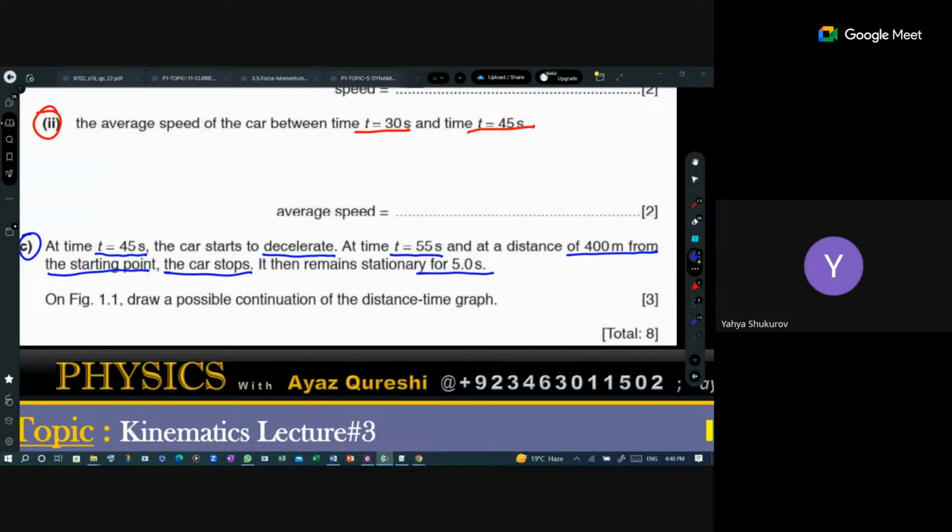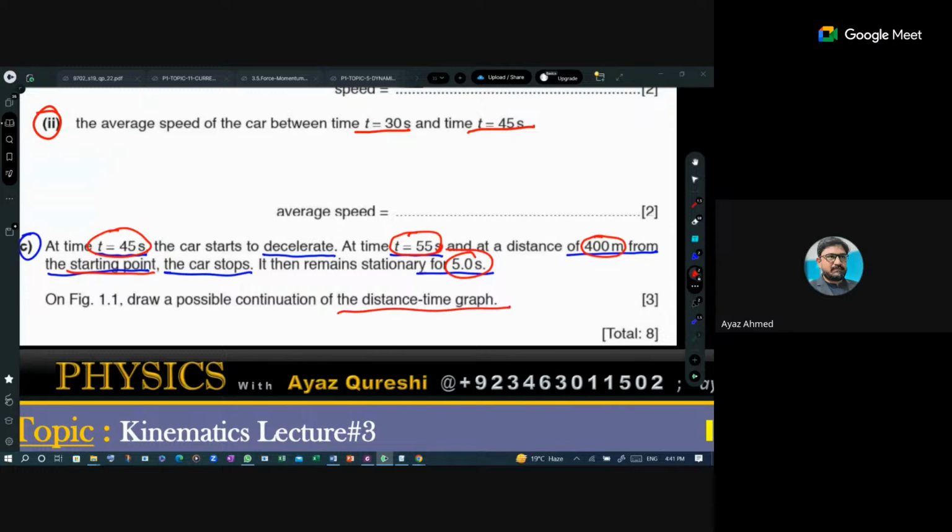Yes, sir. What are the conditions? At 45 it starts decelerating, at 55 it is stopped, but at that time the distance covered from its starting point should be 400 meters. And then it should remain at rest for 5 seconds.